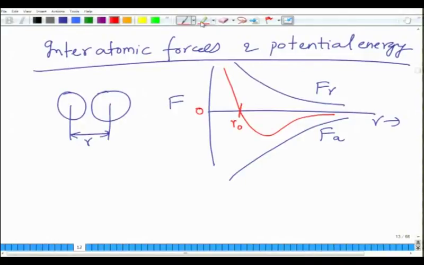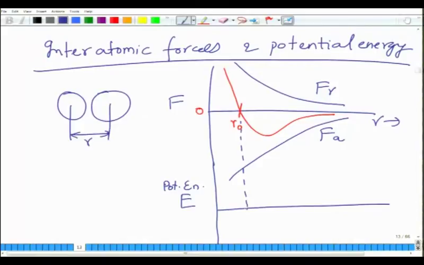Correspondingly, you can plot what we call the potential energy, let us say E. This potential energy at this particular point should be minimum, right.